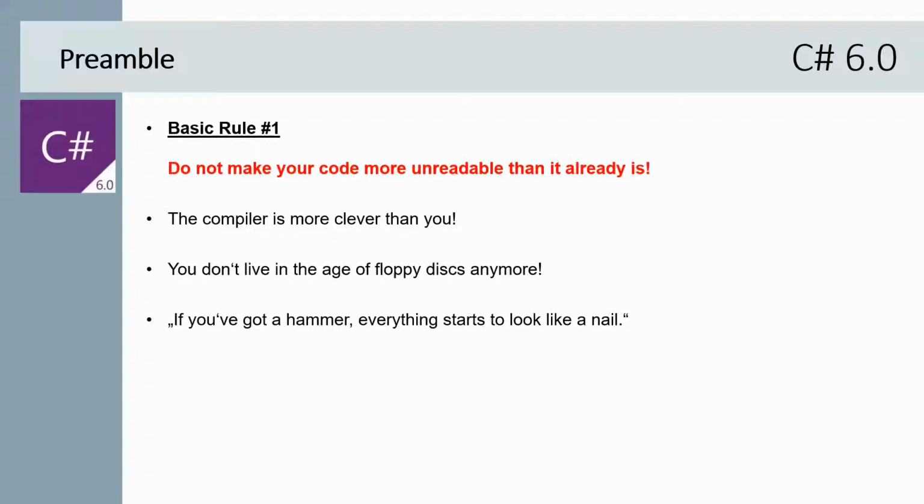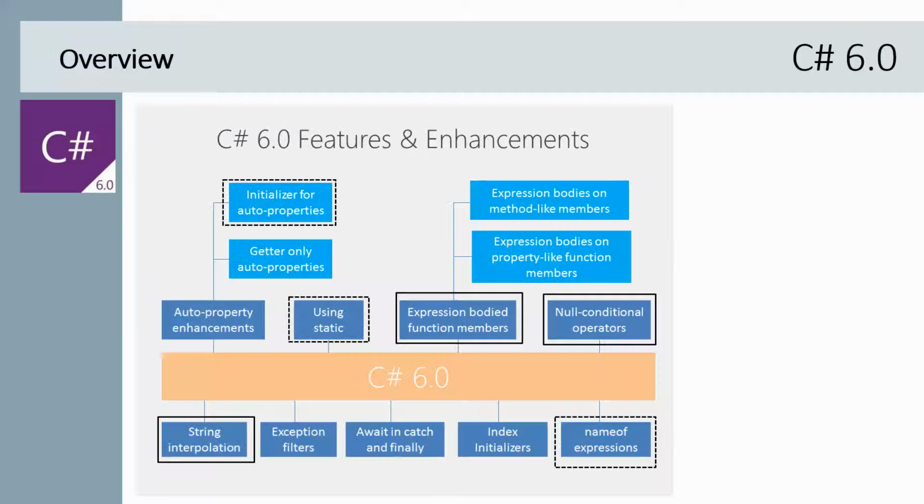Okay, but now let's get into the actual stuff. This is a standard slide Microsoft is providing with the features and enhancements that C# 6.0 is coming with. I'm going to present you the features with the black box around them. If there's a dotted box, I have examples of that in my code, but this will be more of a drive-by explanation.